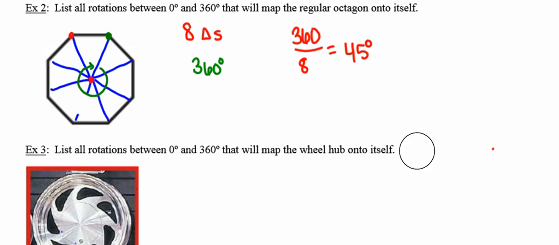That said, all multiples of 45 degrees will also work, because if I want to move it 2 vertices away, I'm just going to have to turn it 45 degrees and then 45 degrees again, or in other words, 90 degrees. So in order to account for all of these rotations, I'm going to list all multiples of 45 degrees that are less than 360.